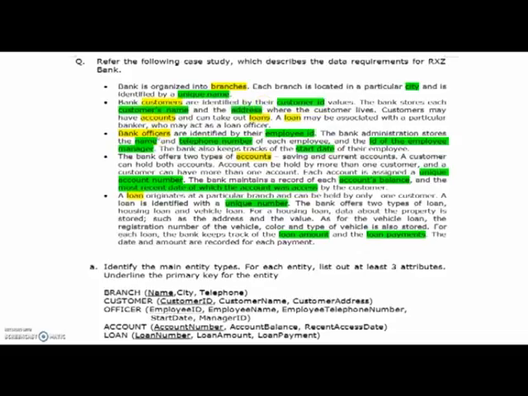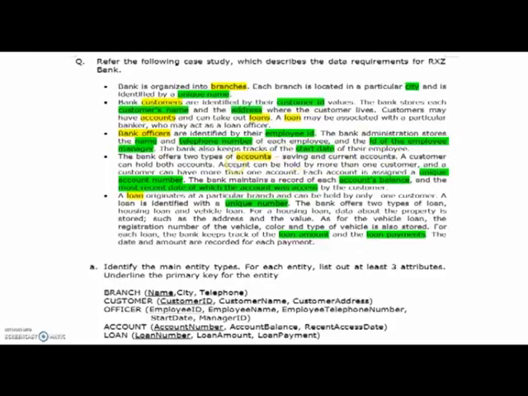For the third sentence, the bank officer is the main entity and they are identified by the employee ID. So the employee ID will be the primary key. The other attributes for this entity are the name, telephone numbers, ID of the employee's manager, and also the start date of the employee.